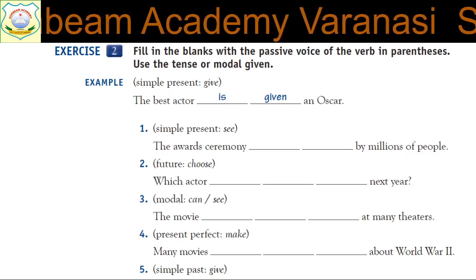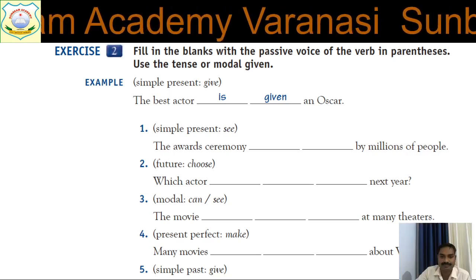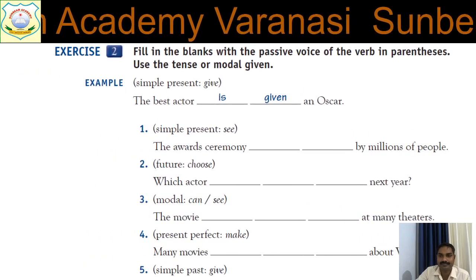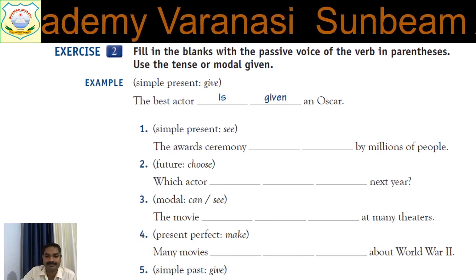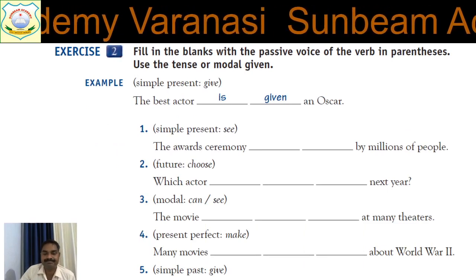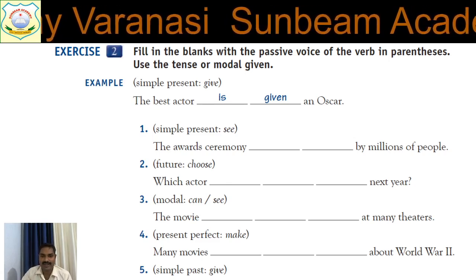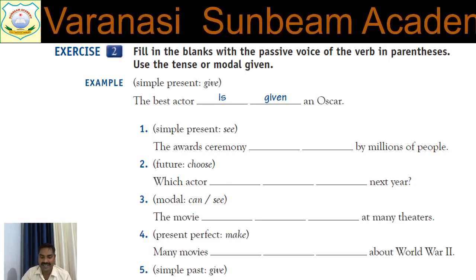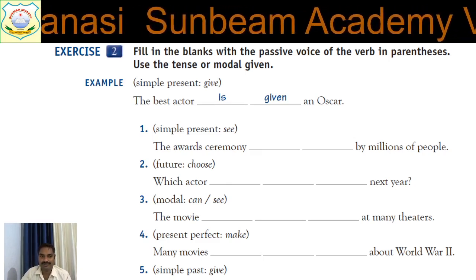If you have done the 5 sentences, please write in the chat box, yes, I have done. Your time is over, children. Now match the answers. The first is seen.